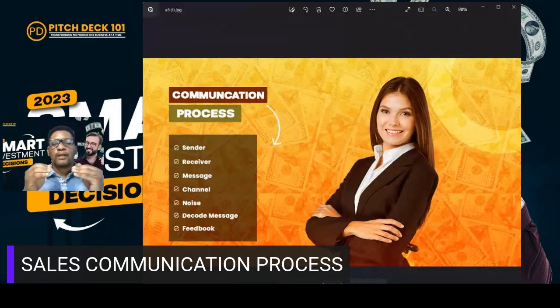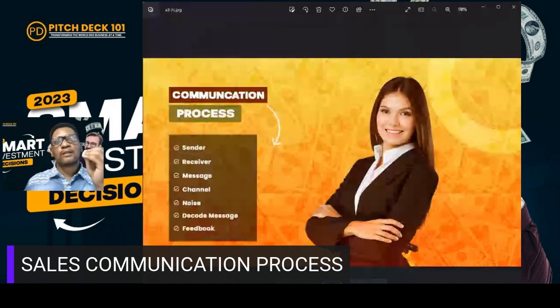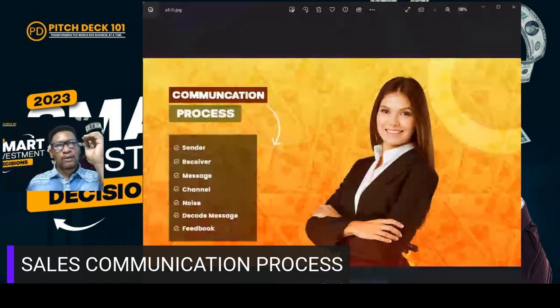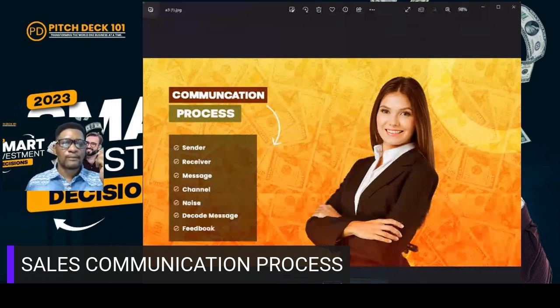In your communication process, you need to take the time to understand your receiver. And understanding your receiver means that you're going beyond demographic data into psychographic data. As you design the messaging content, this has to be based on psychographic data. If you're not leveraging psychographic data in the communication process, again, it's a missed opportunity.